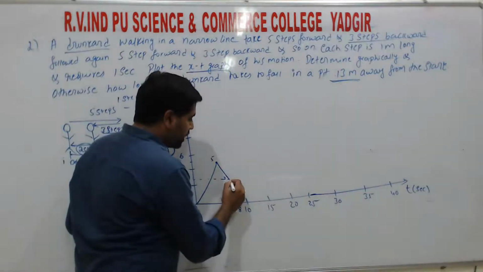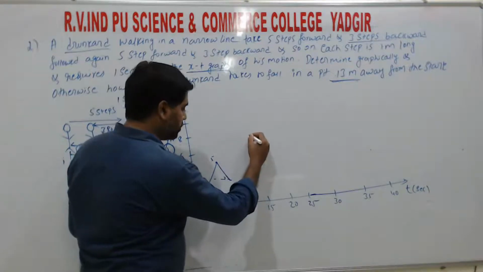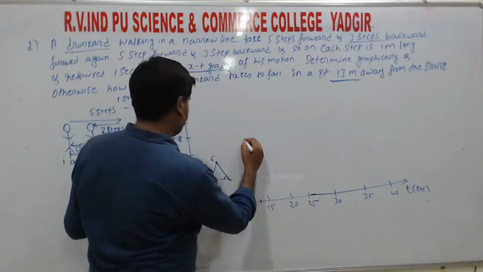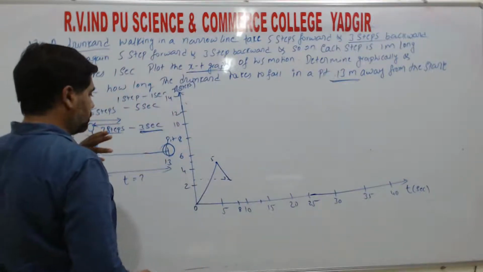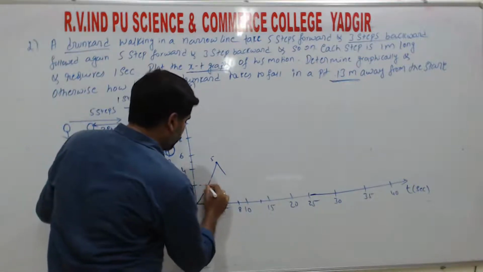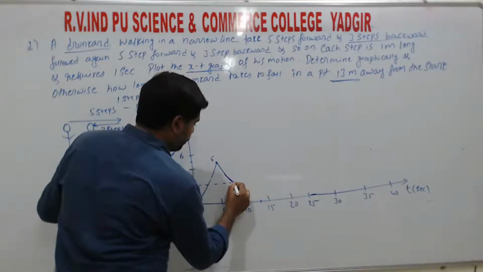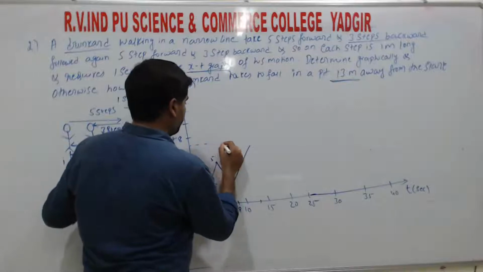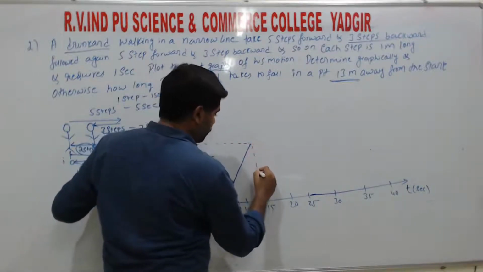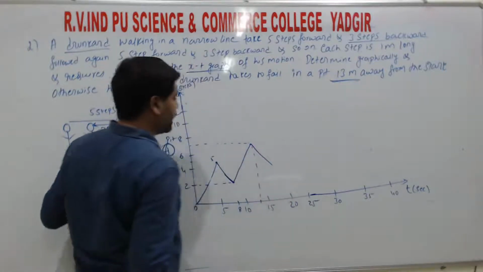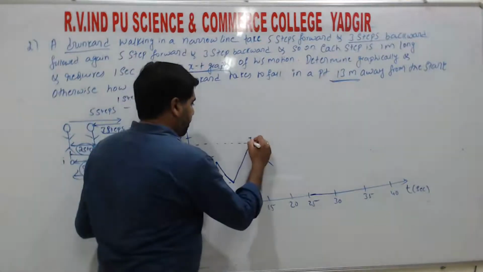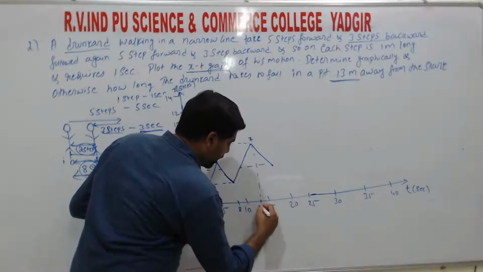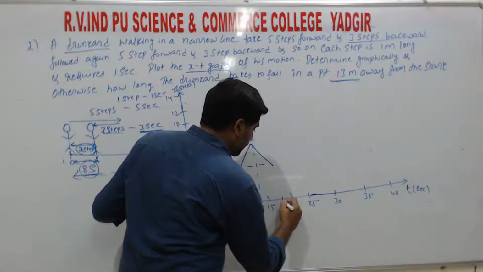Next, again from here 5 steps, from 3 to 8. Then 3 steps backward, so it becomes 5. Again 5 forward, 5 plus 3 is 8, 13 at 3 steps backward it becomes 10, and so on. Time-wise, 8 plus 5, 13, then 13 plus 5, so over here 18.